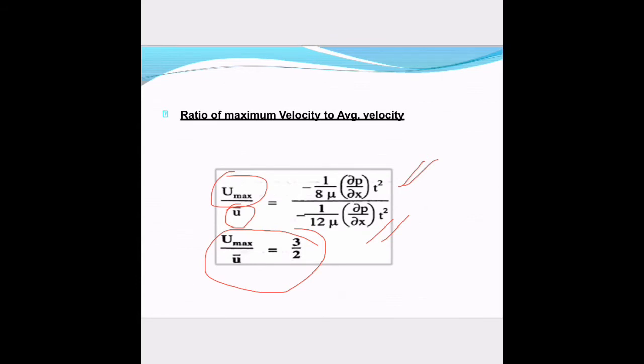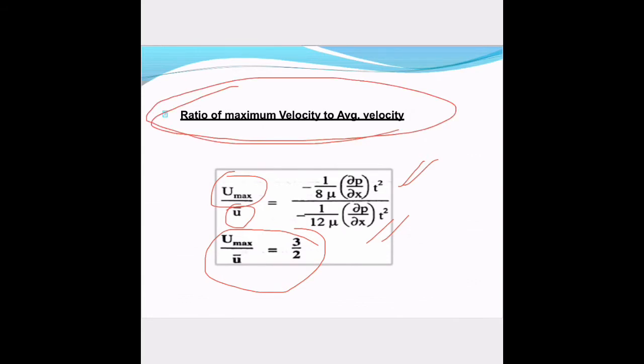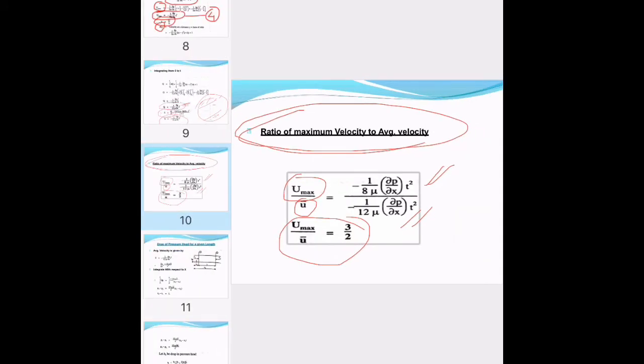The ratio of maximum velocity to average velocity is 3 by 2.